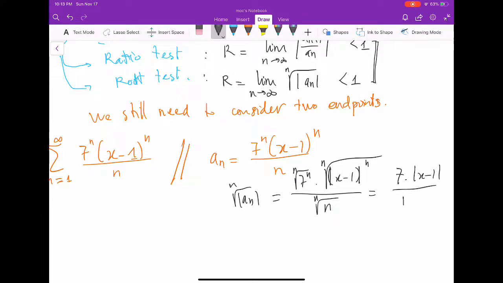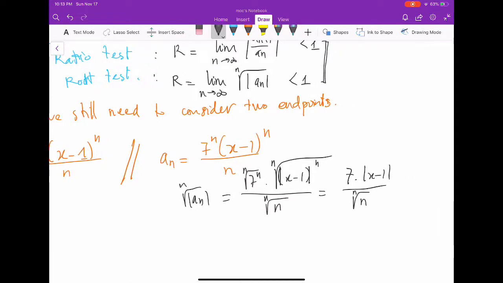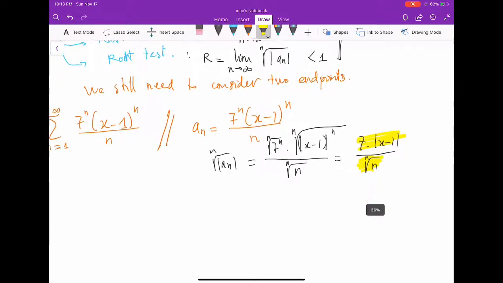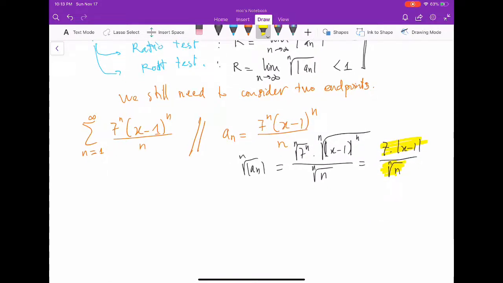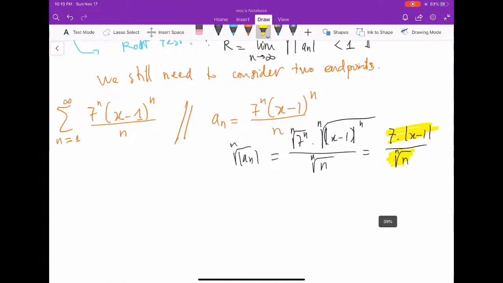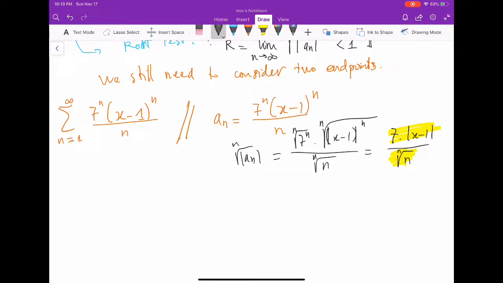But in the bottom, we have the nth root of n. We are good with the top because it does not depend on n. But how to find the limit of this? Of course, this is solvable, but it's too complicated. So I would use the ratio test.